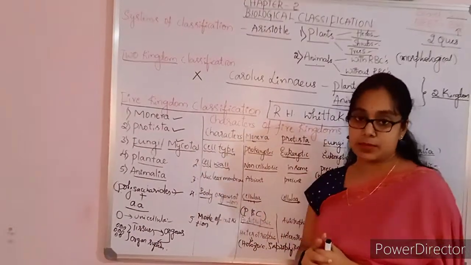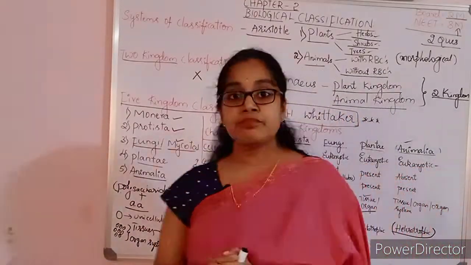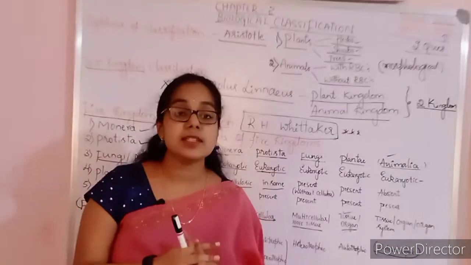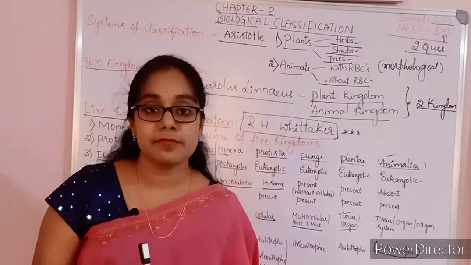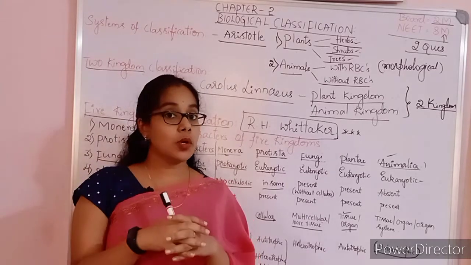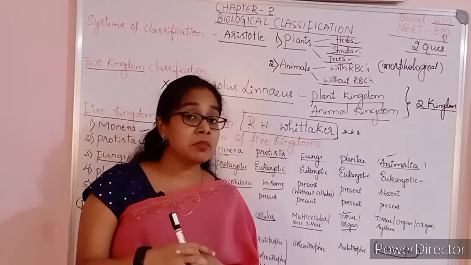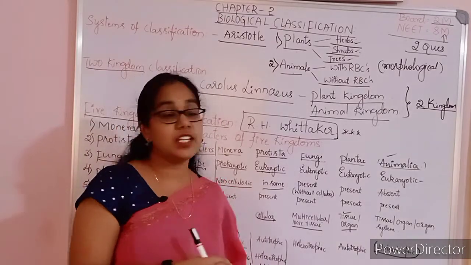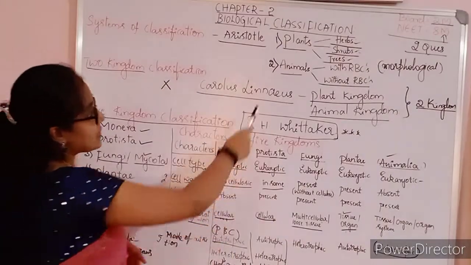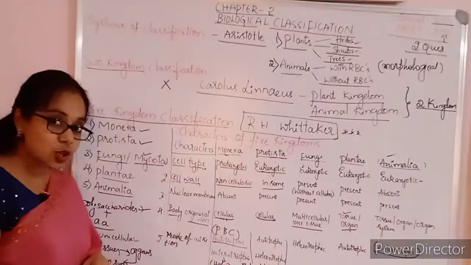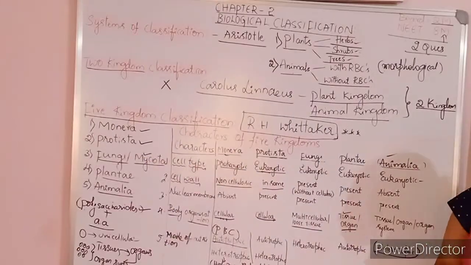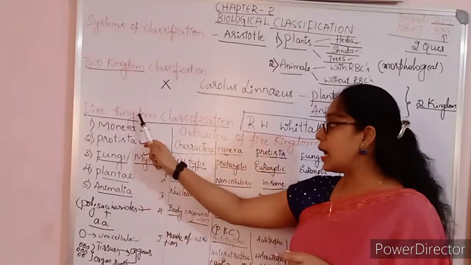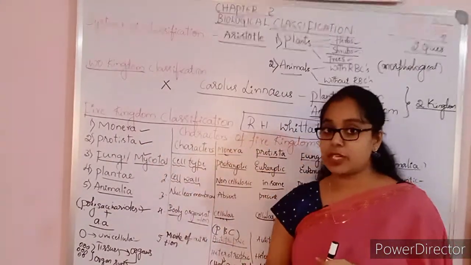Here you have to remember the first person who classified the living organisms into plants and animals, that is Aristotle. Also you have to remember who gave the two kingdom system and the five kingdom system of classification.